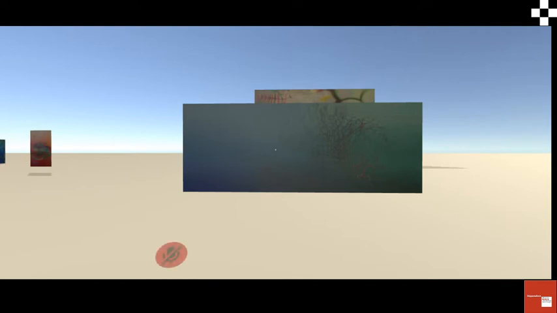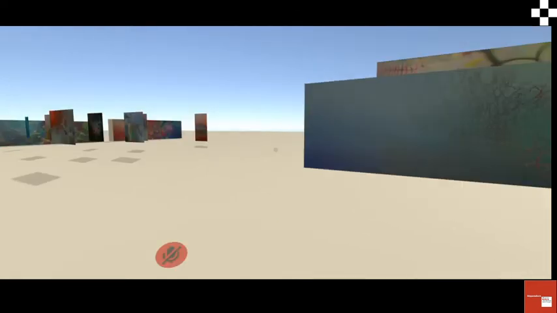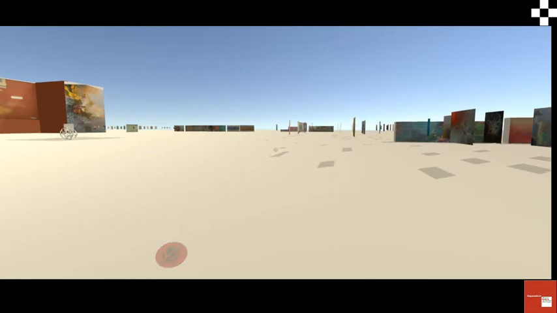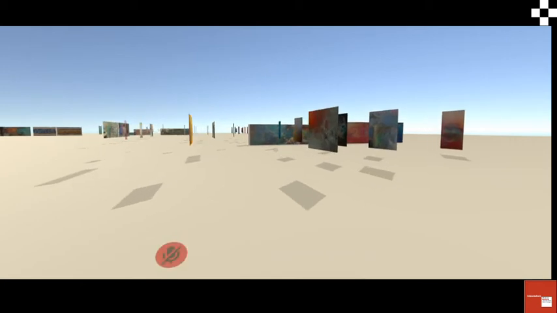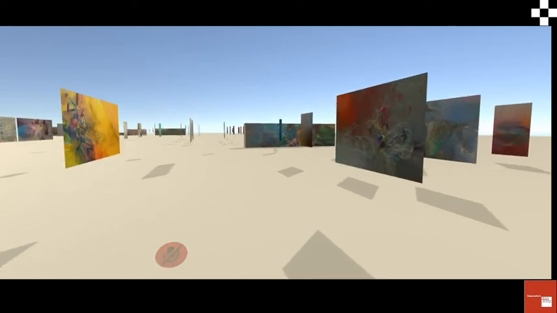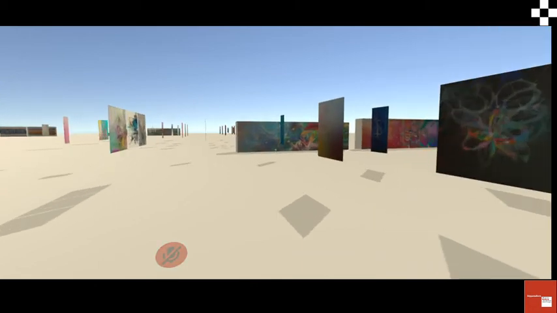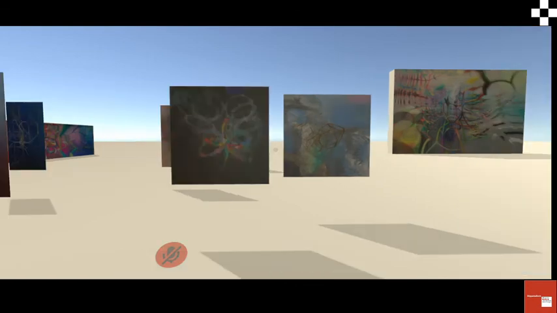Then each canvas is in a different point, and here is this in space. Now I talk about the proportional canvases.